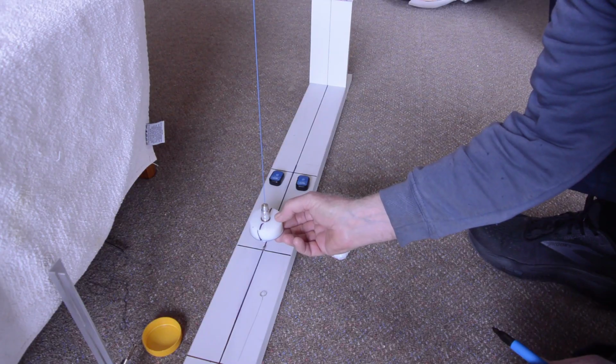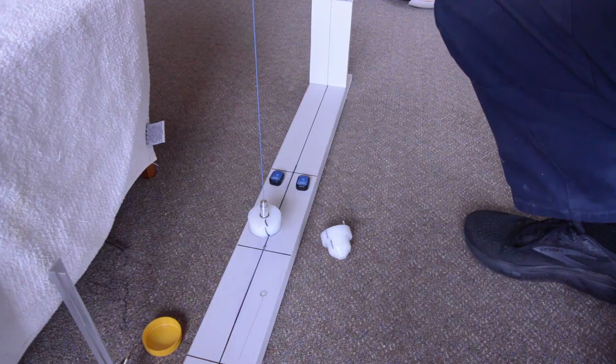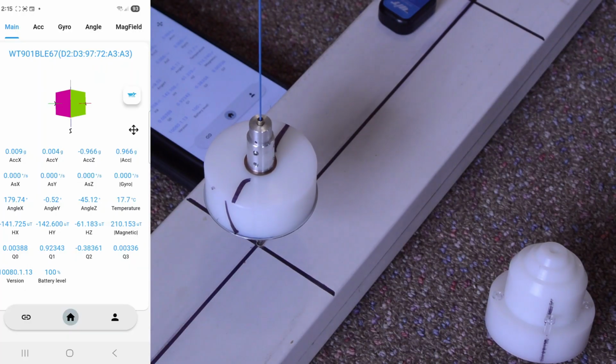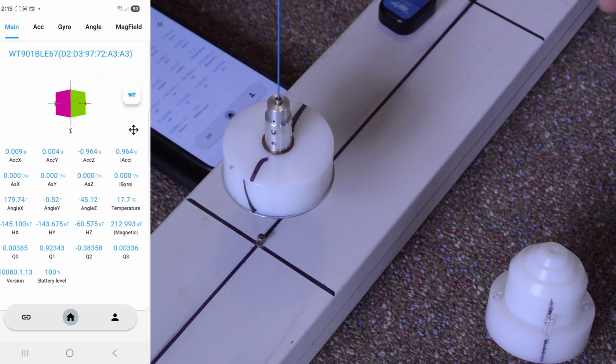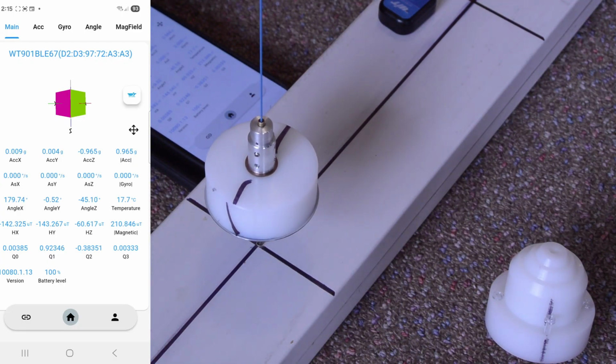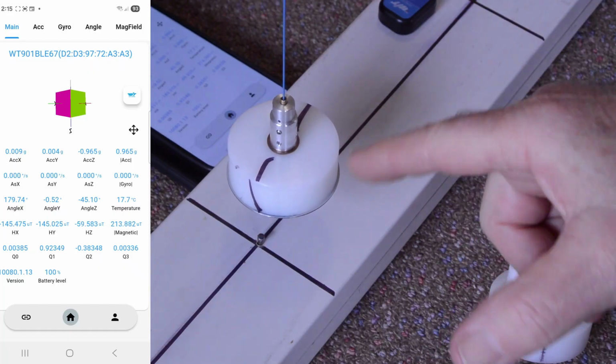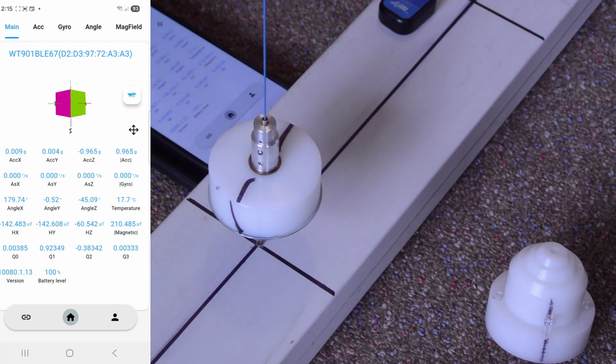So now let's regroup and go back again. How do we overcome this problem of aligning the launch angle to a reference angle and monitoring the rotational angle of the bob while it's in flight?